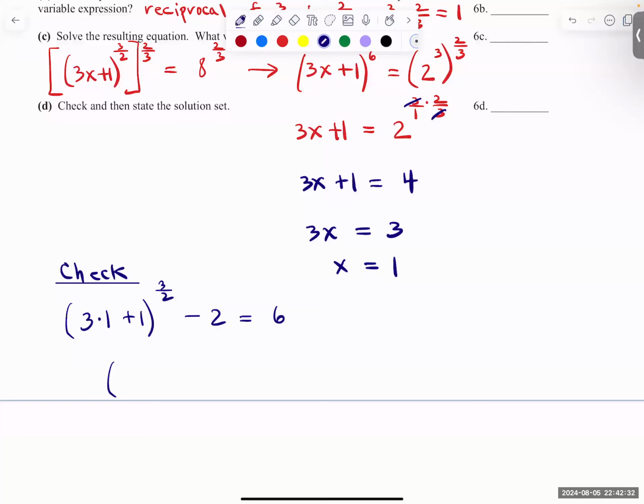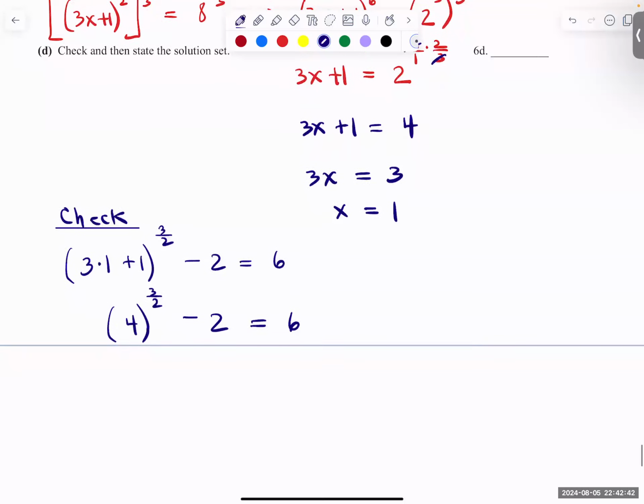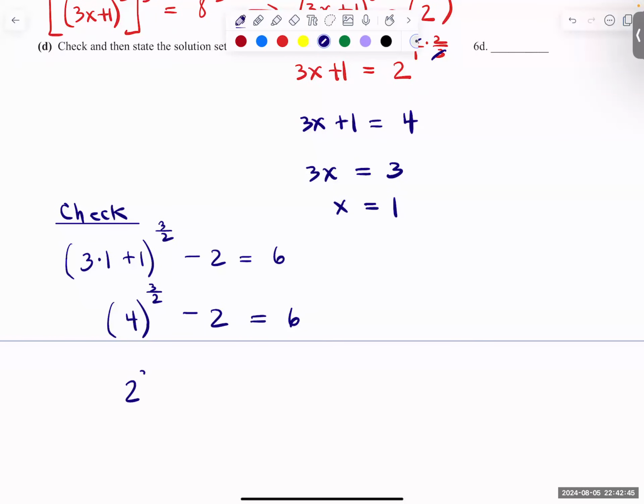So that's 4, quantity raised to the 3/2, then minus 2, does that equal 6? We can change the 4 into 2 squared. We want to do that because when you raise 2 squared to the 3/2 power, you can then multiply those exponents.